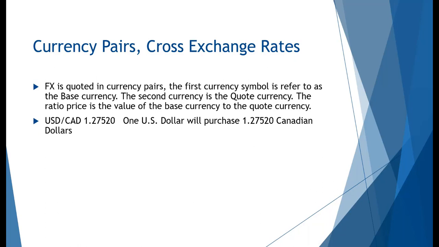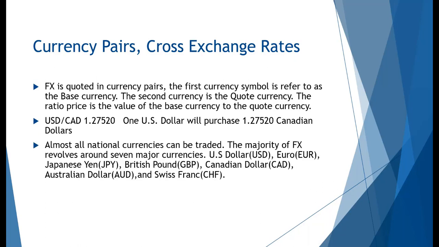So for instance, the US dollar CAD currency quote would be 1.2752, which means that $1 US would purchase 1.2752 Canadian dollars, right? And this is important for us to understand because we'll be looking at changing the base currencies and the quote currencies back and forth.